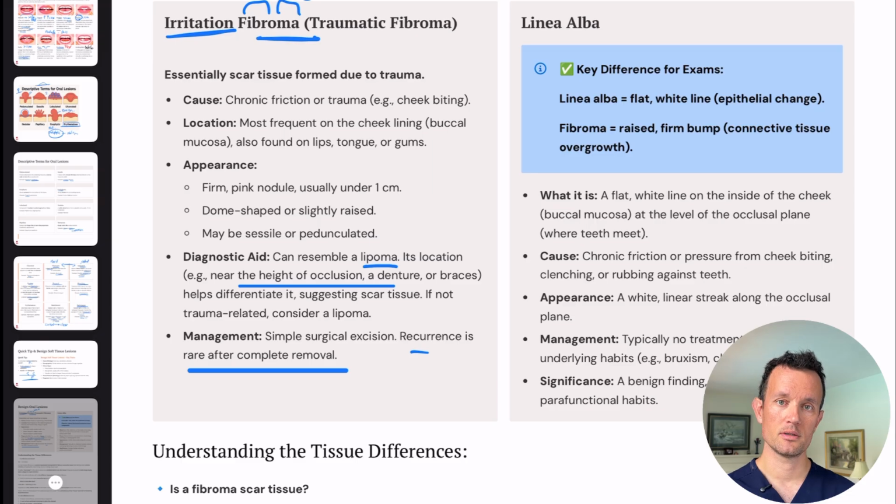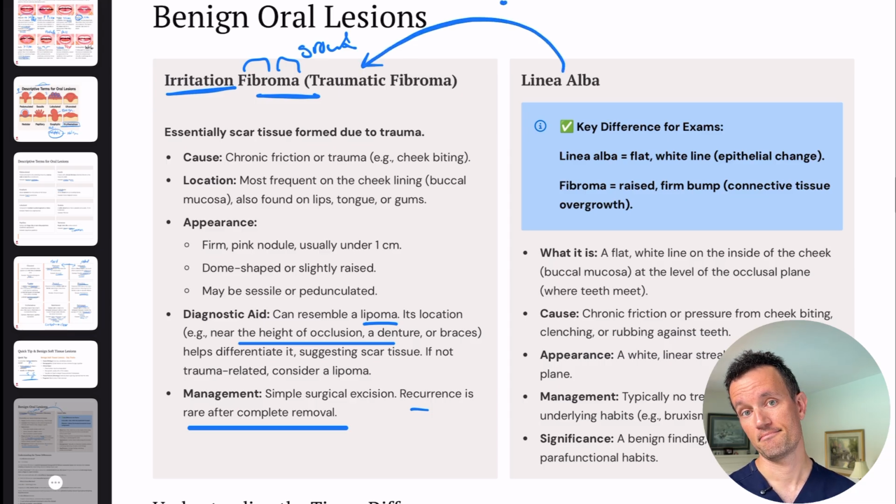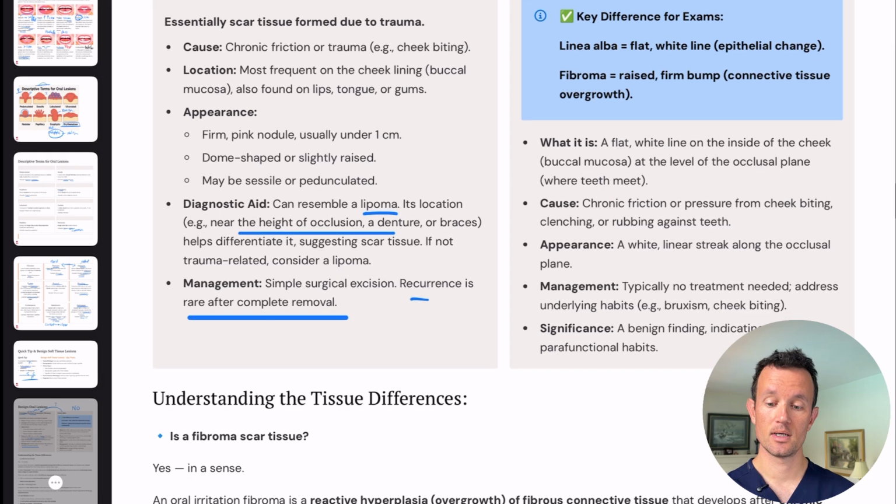You might be wondering, but I thought linea alba was the white line on our cheek with chronic cheek biting. Is linea alba just a form of traumatic fibroma? Answer, no, it's a different thing. Why? Linea alba is an epithelial change, just the epithelium.